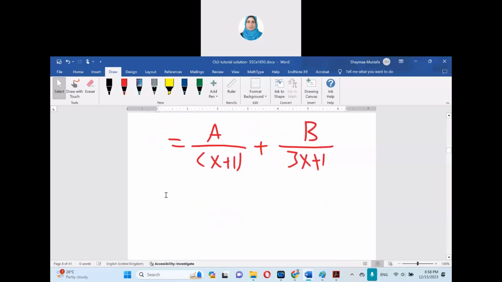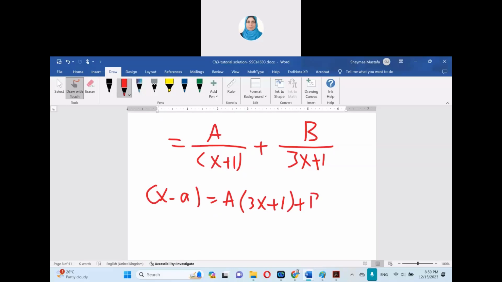So you need to have x minus a equal to A times 3x plus 1 plus B times x plus 1. Now you need to find the values of A and B, but they will be in terms of a.